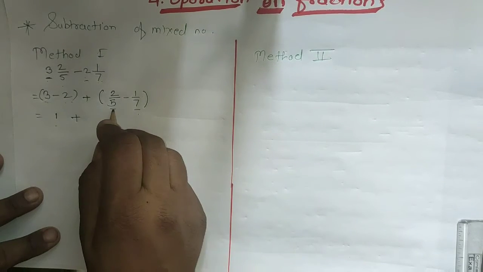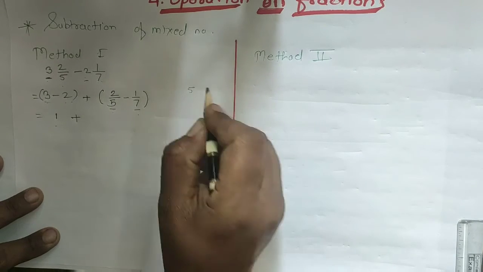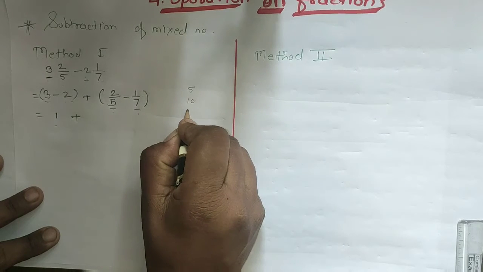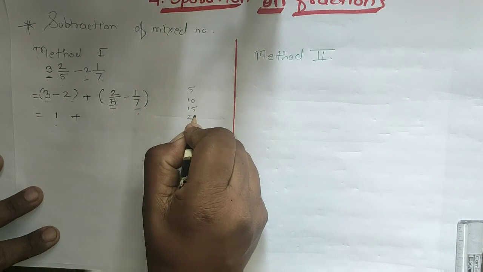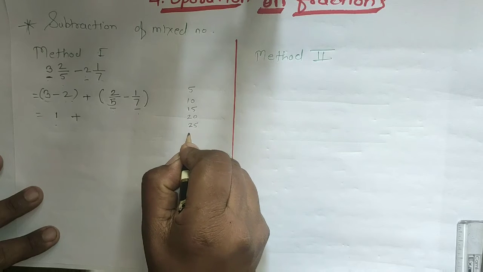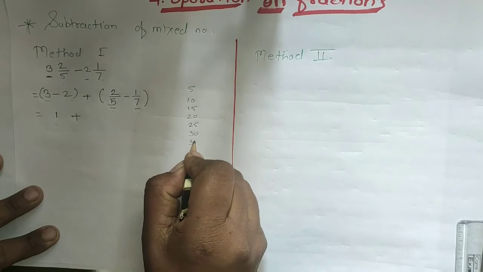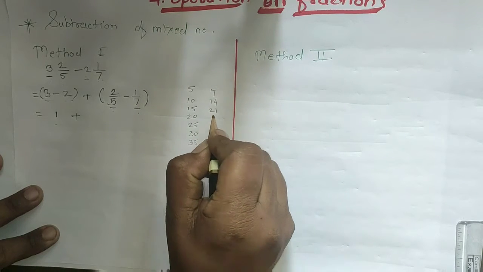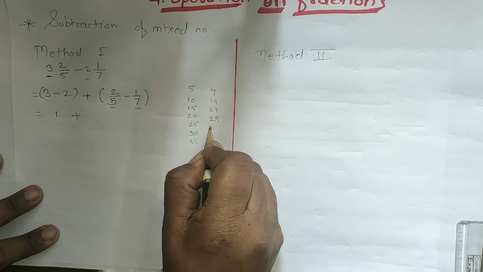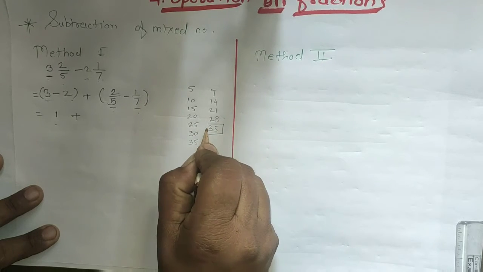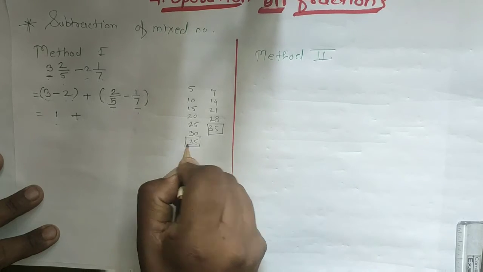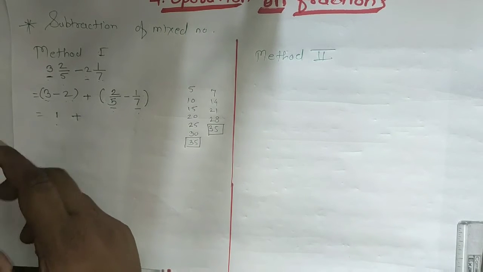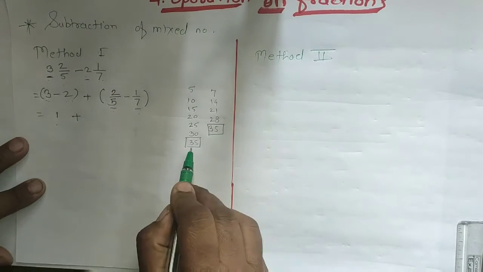What I told you yesterday: first write the 5s and 7s tables, and find the first common number. 5 1s are 5, 5 2s are 10, 5 3s are 15, 5 4s are 20, 5 5s are 25, 5 6s are 30, 5 7s are 35. 7 1s are 7, 7 2s are 14, 7 3s are 21, 7 4s are 28, 7 5s are 35. So 35 is the first common number in both tables, and it is the LCM of 5 and 7.